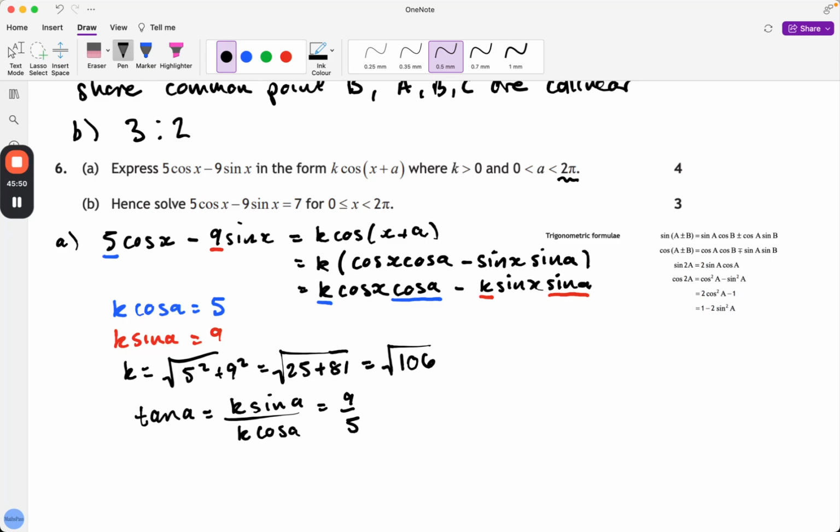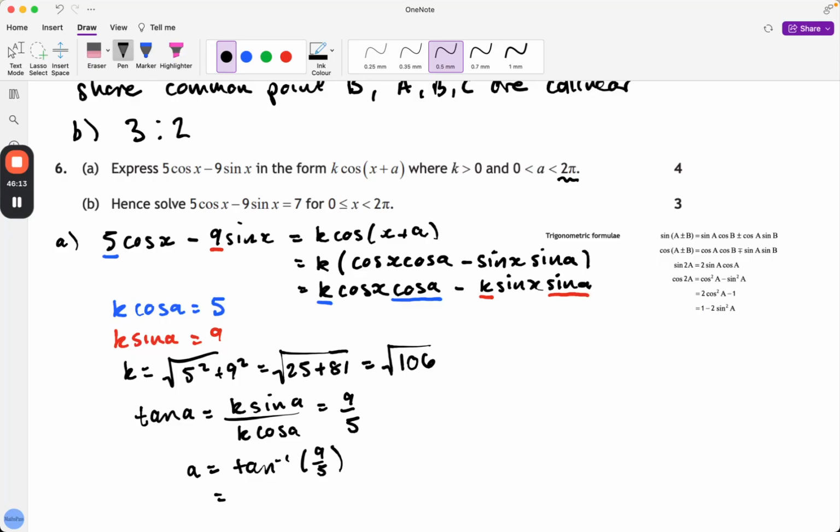Grand. Okay, your next thing is to figure out what a is, so we just have to do tan inverse of both sides. So our a is going to be equal to tan inverse of 9 over 5, and then again pop that in your calculator. So you want to do your tan inverse of 9 over 5, and keep in mind to have your calculator in terms of radians as well.